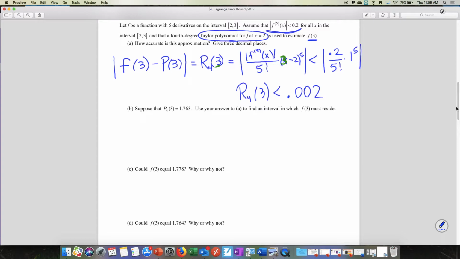Now, let's say, like you did in 41, we plugged 3 into our polynomial, and we got this number. Well, we're saying that that approximation only differs from the real value by 0.002.